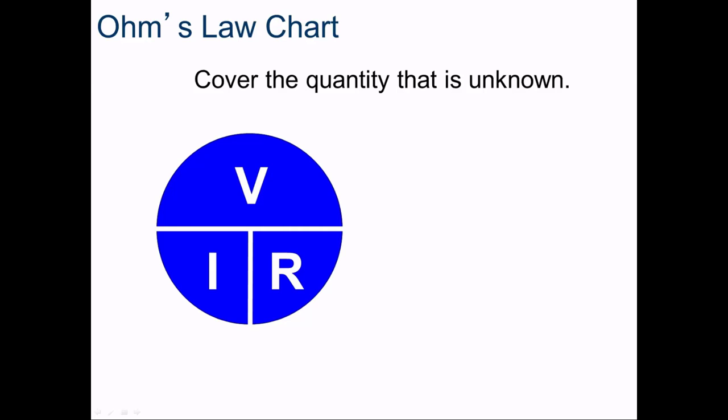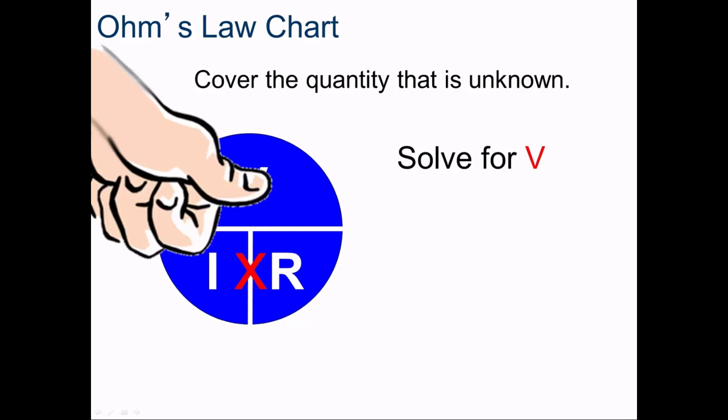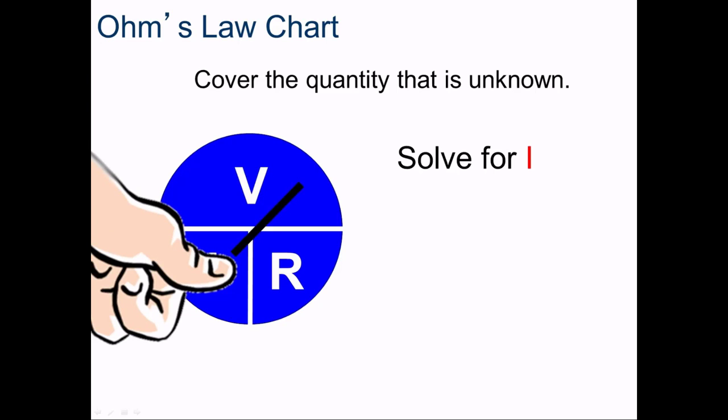You cover what you want to solve for. So if I want to solve for V, imagine covering V: multiply I times R. If I want to solve for I, put my thumb over I, and then I know that I need to do voltage divided by resistance. Same for R.